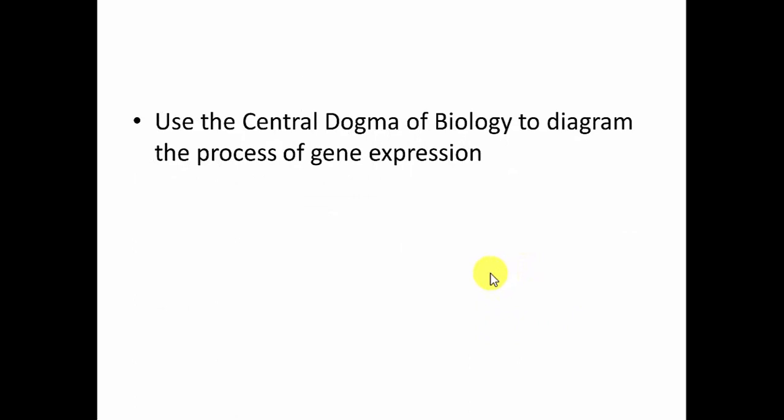Now, we've talked about the central dogma a lot already this semester, and we talked about it in Part 1, but I want to now connect that to the concept of gene expression. So we're going to use the central dogma to diagram the process of gene expression.